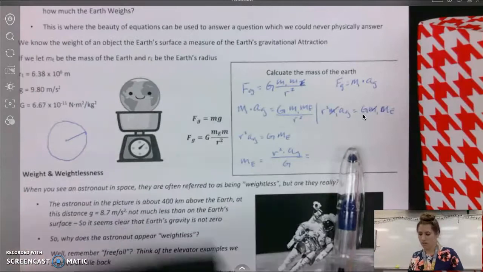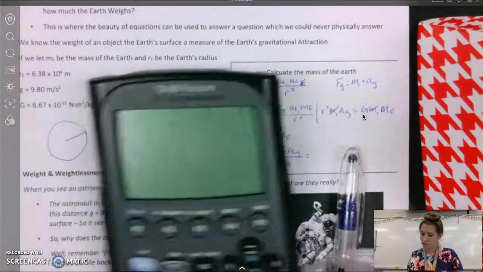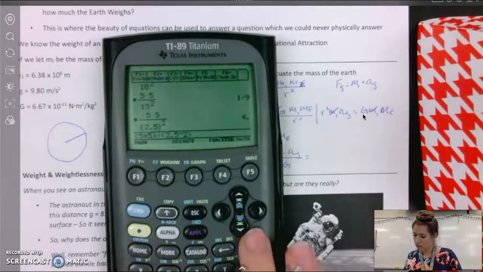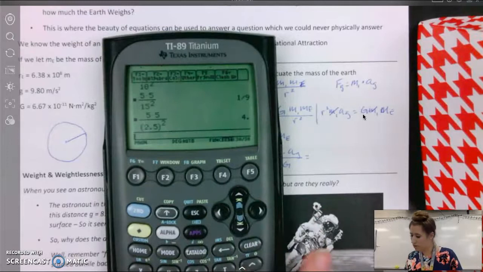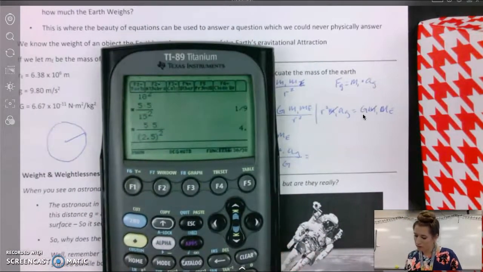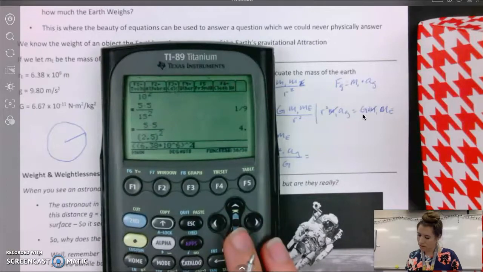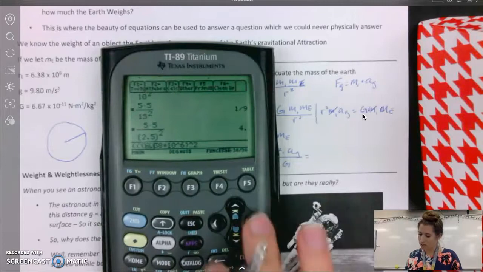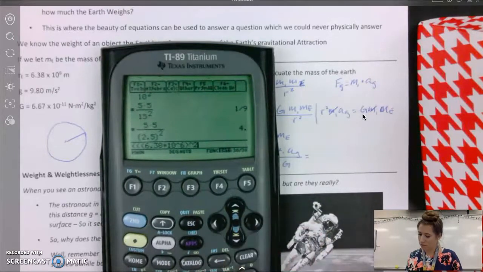Now it's interesting. You have to be careful when we're plugging all this into our calculator. Okay, so let me show you how I would do it. So r squared is going to be the top of my fraction, and I'm going to take the radius, 6.38 times 10 to the 6th, but this whole thing I'm squaring. I think it's unnecessary, but we could put another parentheses in there.